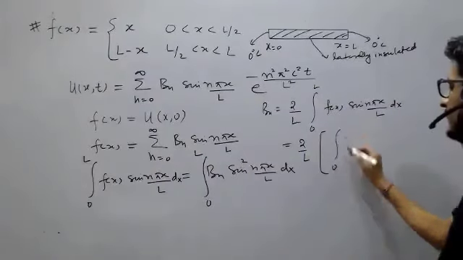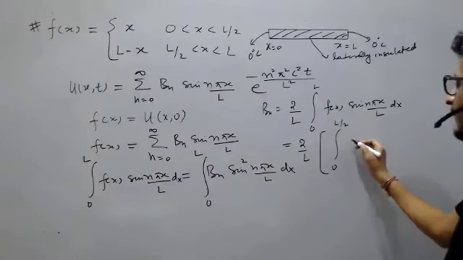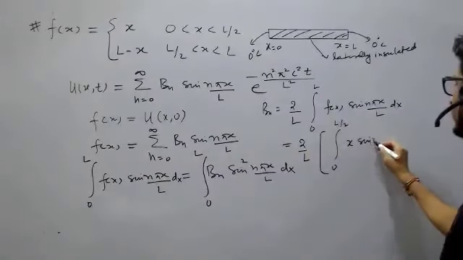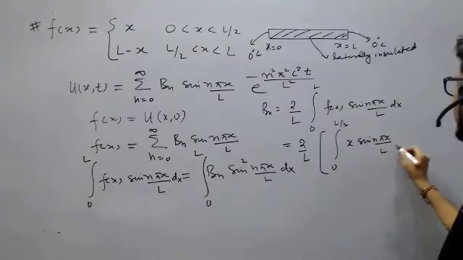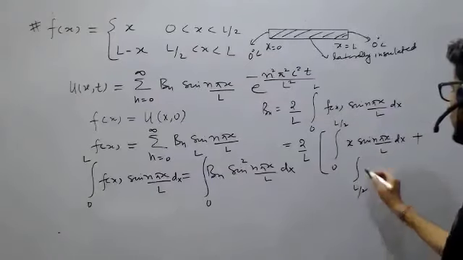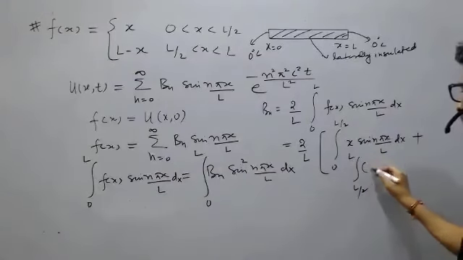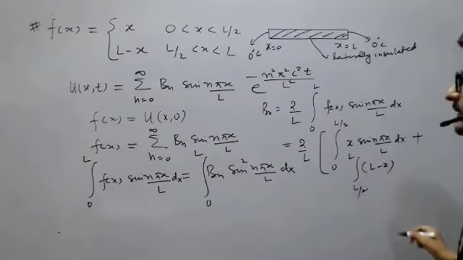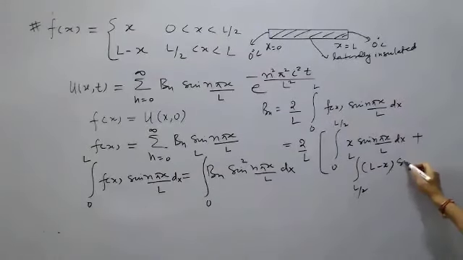So from 0 to L by 2, f(x) becomes x sine n pi x by L dx, and plus from L by 2 to L it becomes (L minus x) sine of n pi x by L dx. Okay, so it is like this.